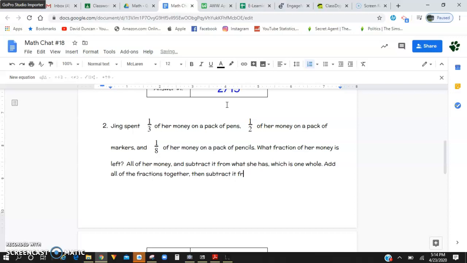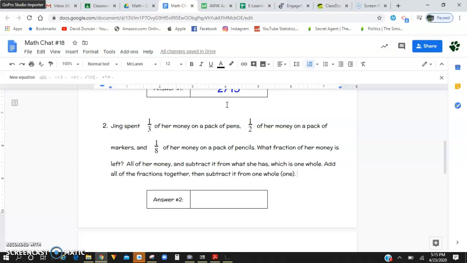Because if we add 1/3, 1/2, and 1/8, that's how much she spent. We want to find out how much she has left. So you're going to take what she spent and subtract it from a whole, which is also 1. Okay, that's my little tip for you guys to start that.